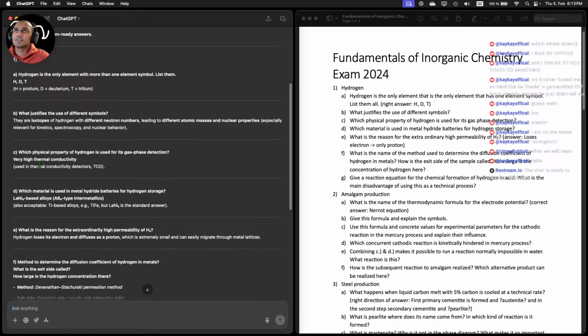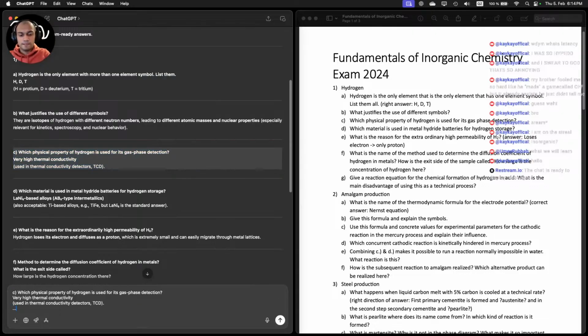Which physical property of hydrogen? Oh, stop reading from wherever. Okay. Wait. I thought the gaseous phase of H itself It's a physical property. Property. Could you explain more on this?